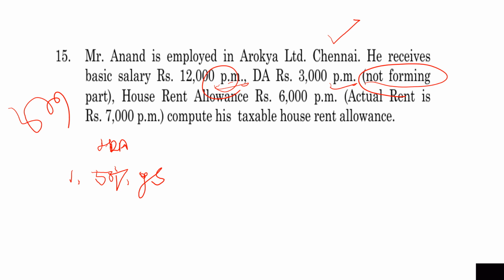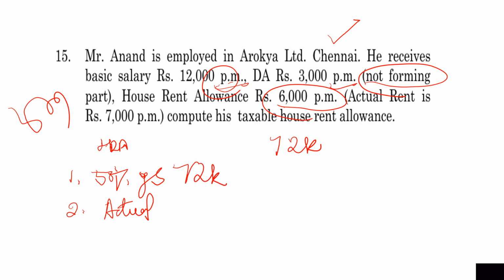Moving to next one, second one, actual HRA received. So your actual HRA received இந்த amount 6,000 into 12, which is 72,000. First எப்படி வரும்னா 72,000. 50% of salary will be 72,000, which is 12,000 into 12, adala 50%. Next, actual HRA receipt will be the same amount, which is 72,000. Third one will be rent paid minus 10% of salary.